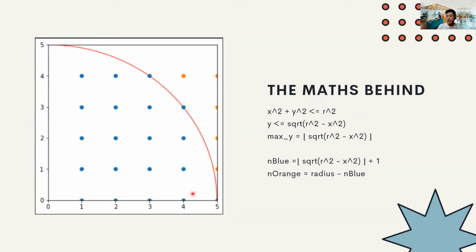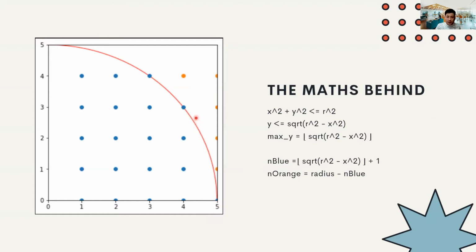So for example, at x equals 5, we still have 1 dot, which makes sense because the perimeter is still counted in the area of the circle. And we know that y is 0 at x equals 5, but we still have to count that 1 dot, so we have a plus 1.